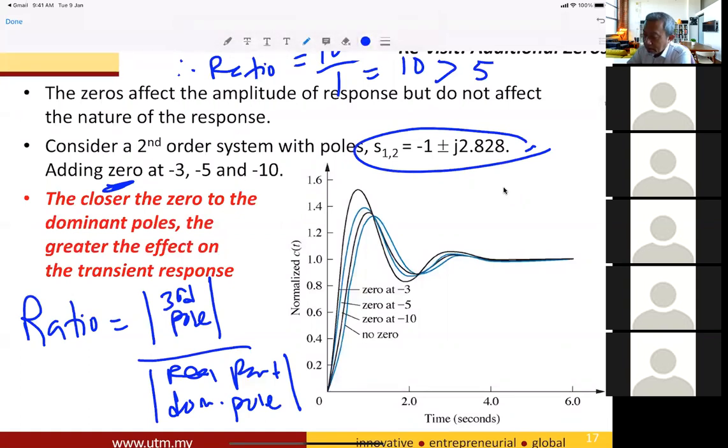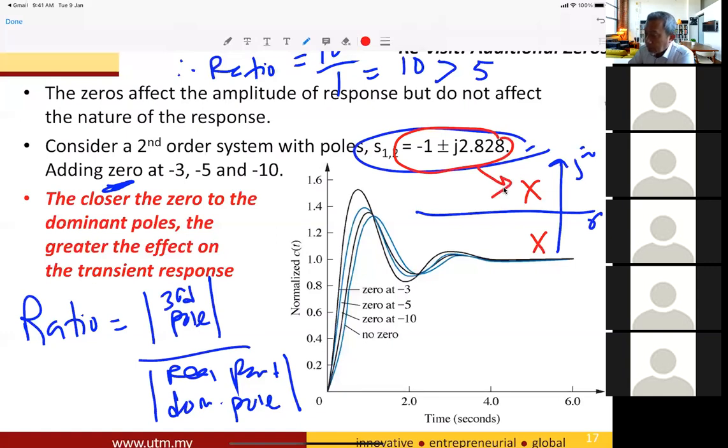You can see that if we plot the poles here at -1, and then we have a zero at -3, a zero at -5, and a zero at -10.